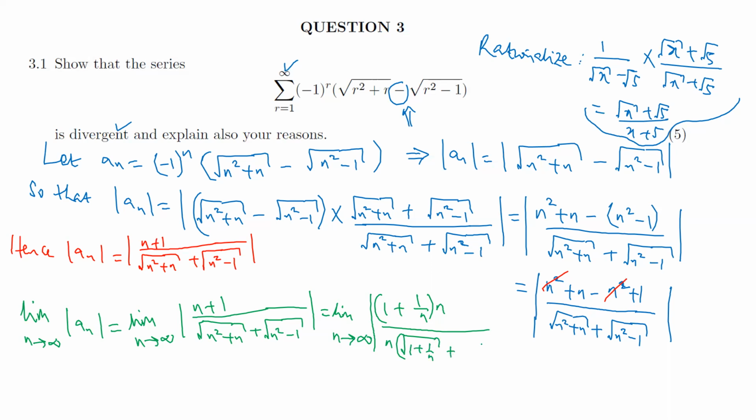And here you pull out n squared. Okay. So you have 1 over n plus 1. You cancel, 1 plus 1 over n.